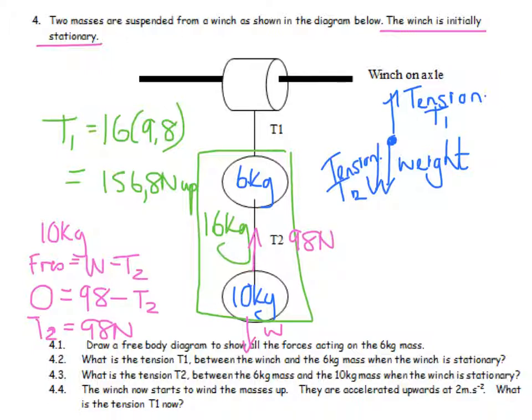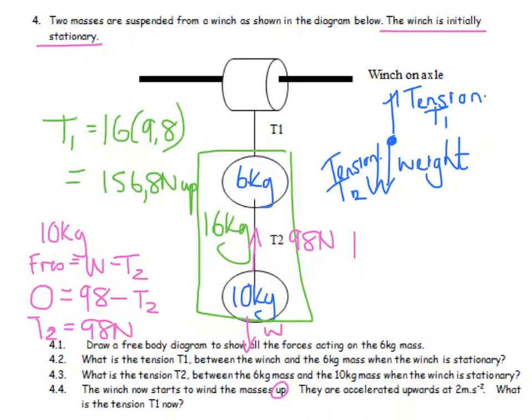Now, if I'm taking a look at the 6 kilogram block, it only wanted T2. We've already got T1, so we're done. The winch now starts to wind the masses up. They are accelerated upwards at 2 meters per second squared. What is the tension now?